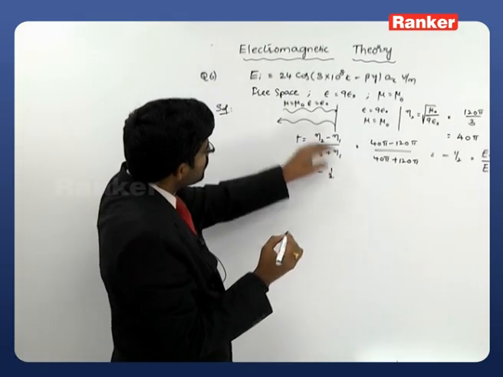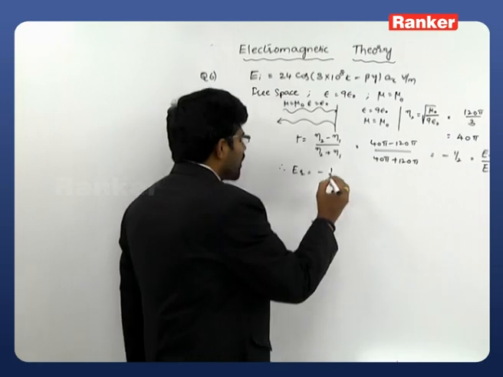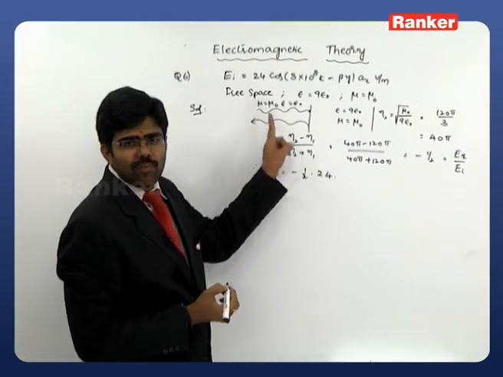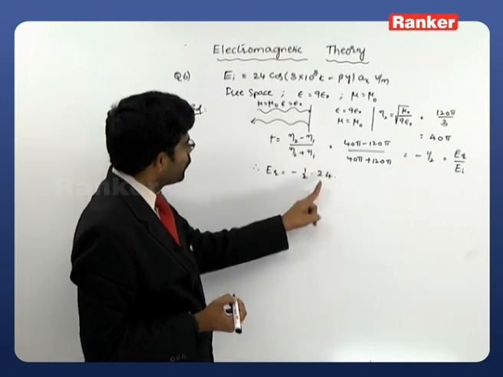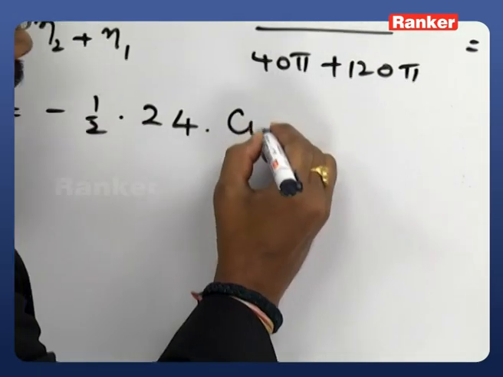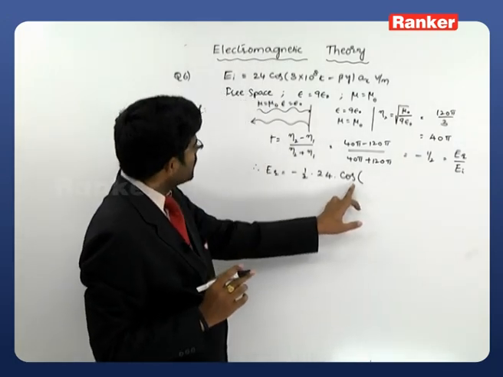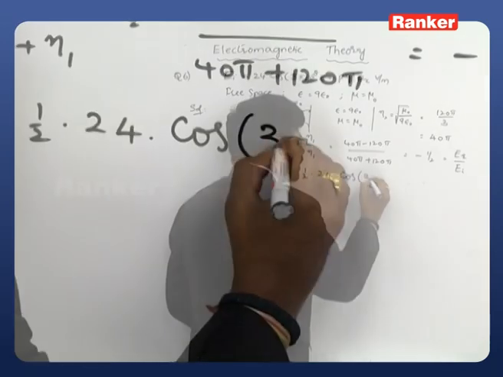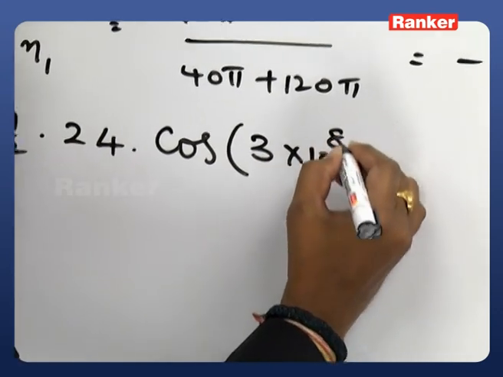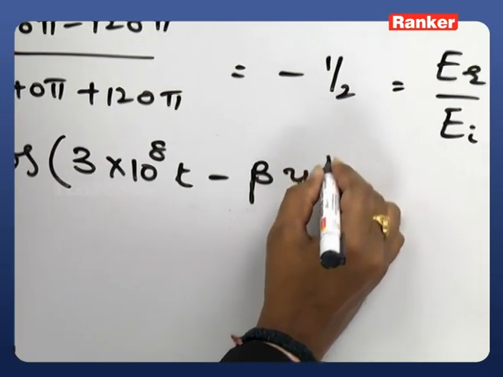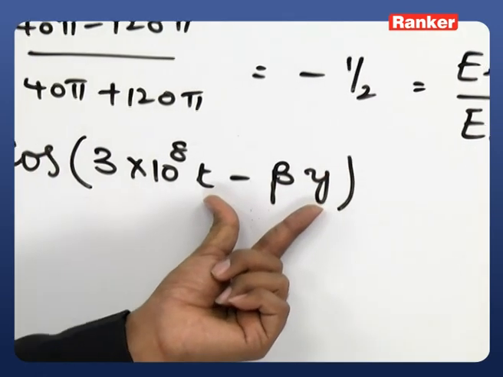Directly, step by step, I will substitute all the parameters. What will be the amplitude? 24. As it is, the amplitude will be transferred as 24, and the basic form is cos form. Cos will not vary, and the remaining parameters like 3 into 10 power 8 t minus beta y I am writing, but here I want to change this.